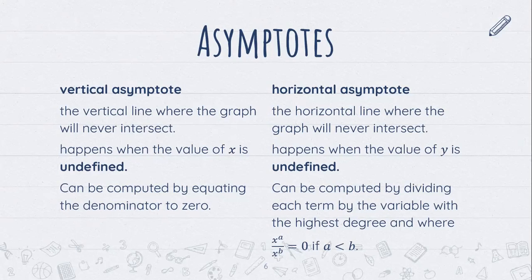Therefore, yung x na yon ay undefined, so doon tayo magkakaroon ng asymptote. Hinahanap ang ating asymptote by evaluating our denominator with 0. So, equate natin yung denominator to 0 to find the vertical asymptote.